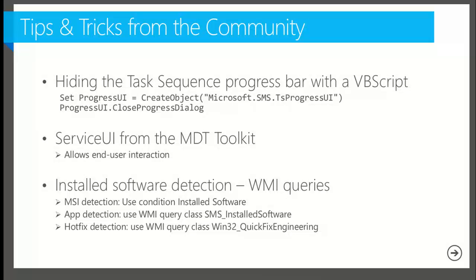So these are some tips and tricks from the community. If there is a situation where you are using a task sequence to manage your systems, but you don't want that dialog box, you can simply run this little snippet of VB code right here, and it will cause the dialog box to be hidden. Within that same VB script, you can then execute whatever installation you have going on.